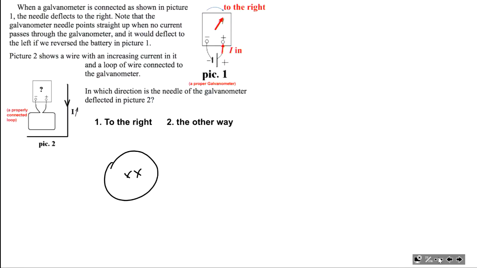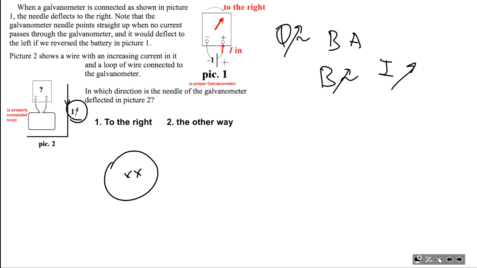Now, what is happening to the magnetic field? Well, the flux is proportional to this product. Magnetic field strength is proportional to current. When electric current increases, that makes the magnetic field stronger. That makes the magnetic flux larger.